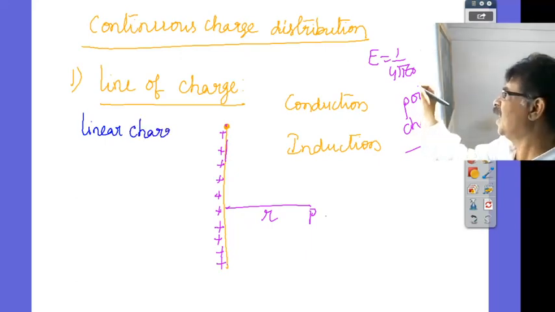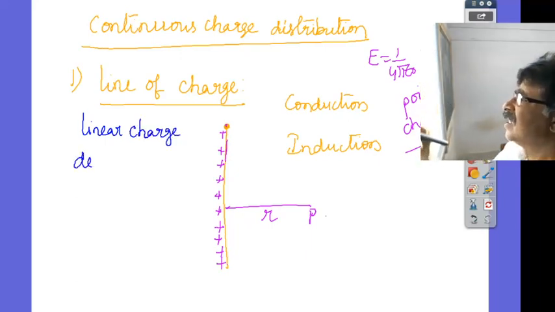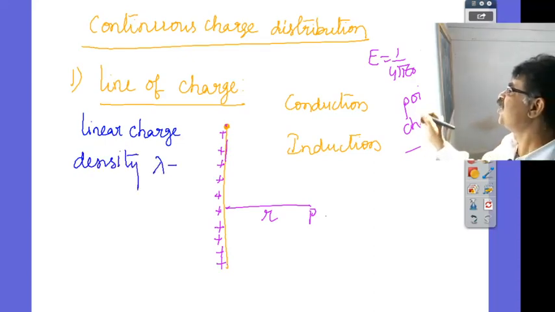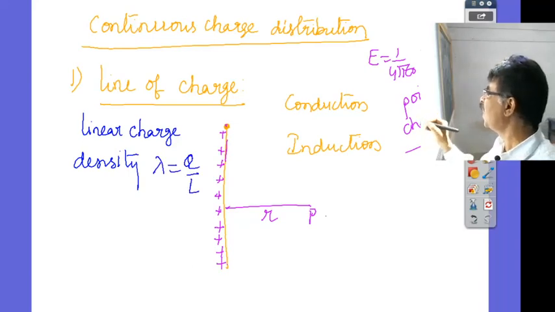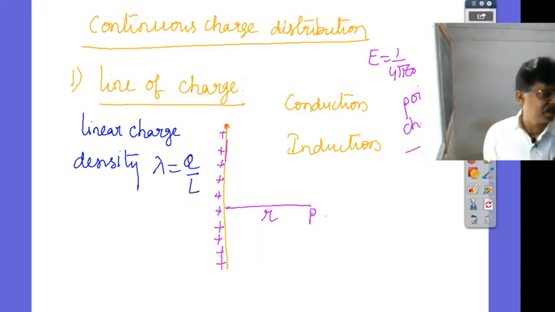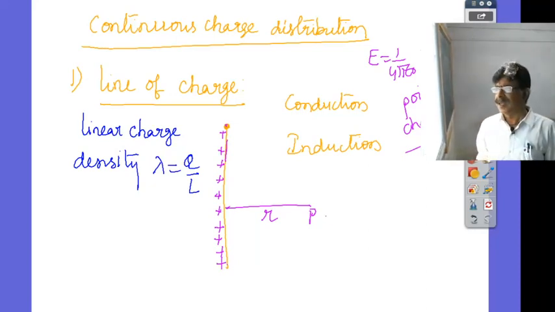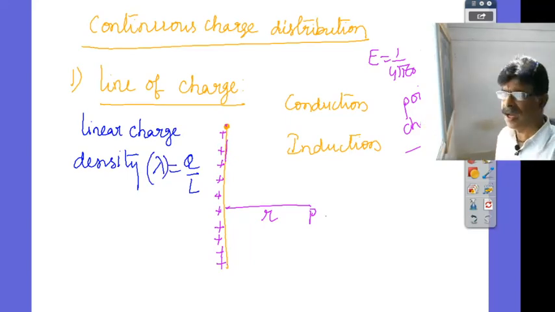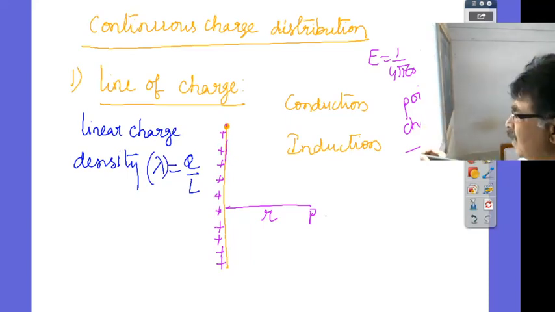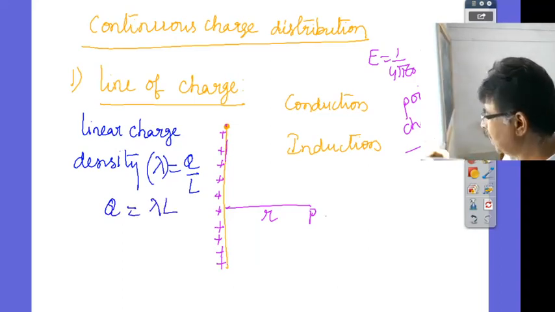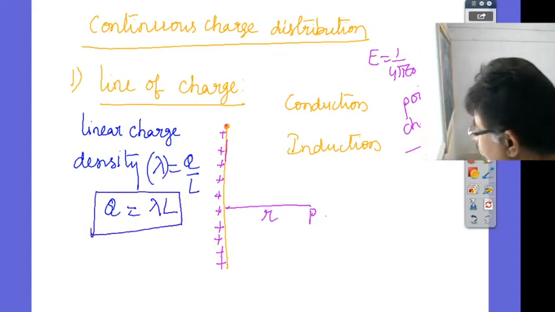Linear charge density is defined as the charge present on unit length of a linear conductor like this, and this linear charge density is represented by lambda. From this, the charge on the line of charge is always equal to lambda into L.